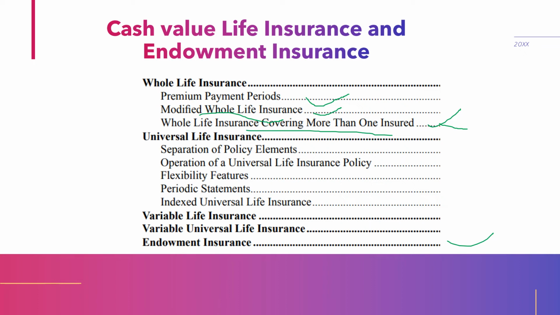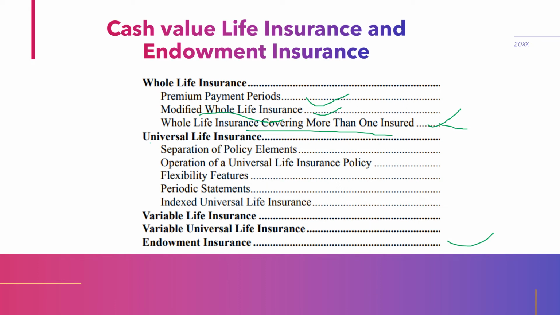For example, if two persons are insured in the whole life insurance policy and the first person dies, then the policy benefit amount will be paid to the second person or the nominee. The second one is the last survivor policy. In that, only if both persons die will the policy benefit amount be given. So we have covered the whole life insurance policy.